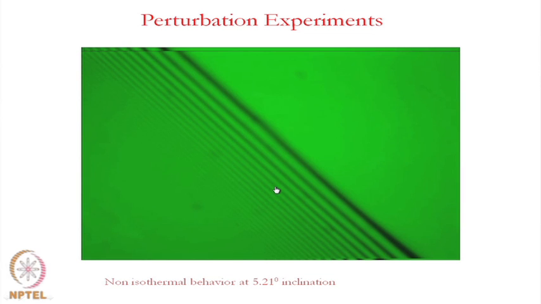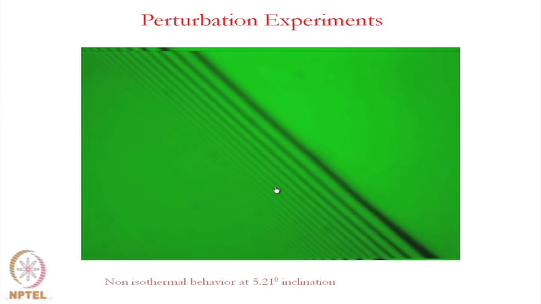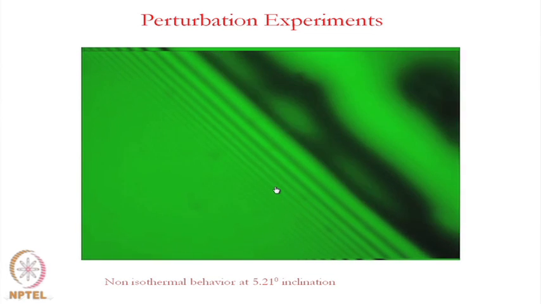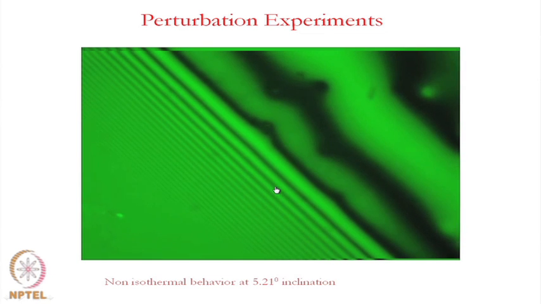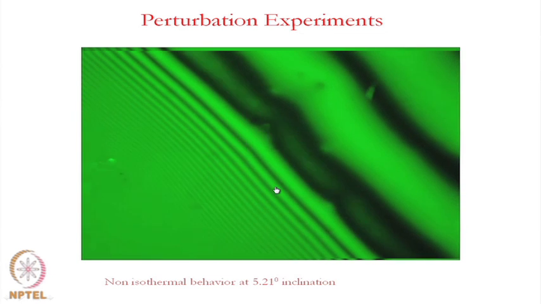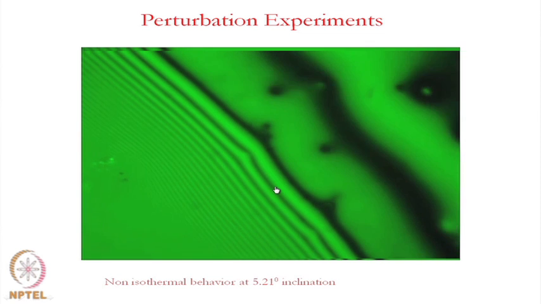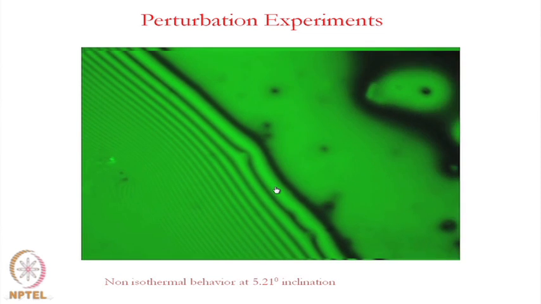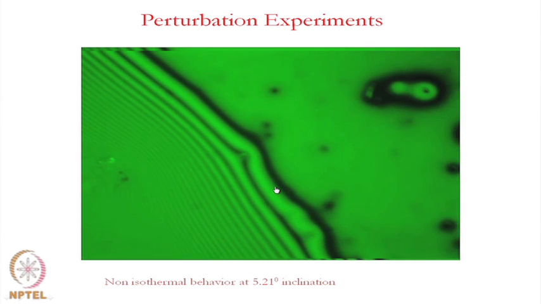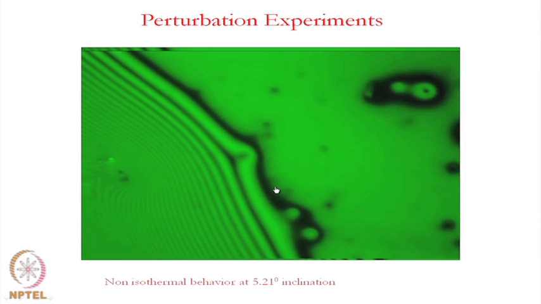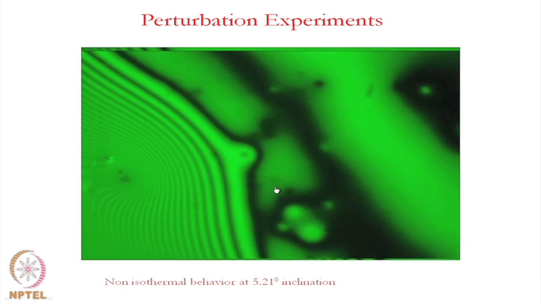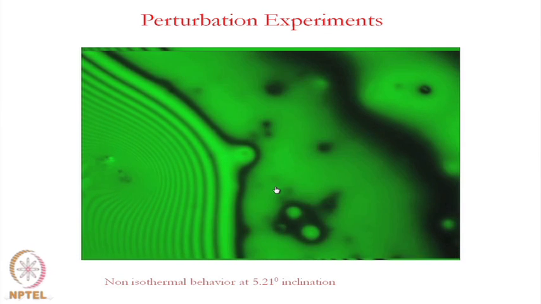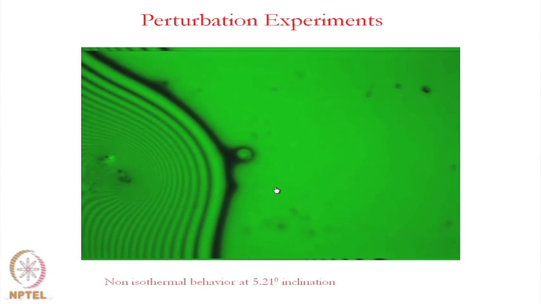and I will show you a movie of how the film oscillates. So, here the film moves forward since the heater is switched off. Now, the film has started moving backward since we have switched on the heater, and you see that in the frontal part the adsorbed film disappears and the film has moved back.